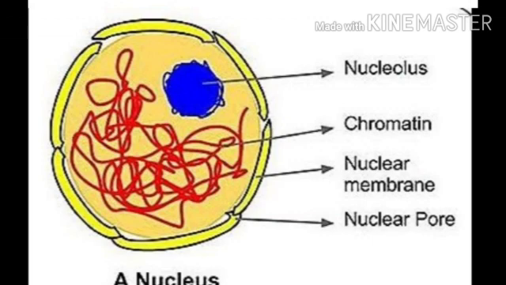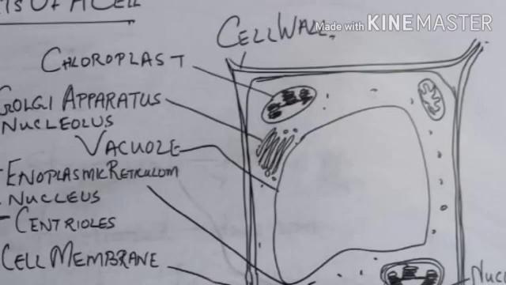They play an important role in transmitting heredity from one generation to another. So the functions of the nucleus are transmission of parental characters from one generation to another, and it controls all the life functions taking place inside the cell.